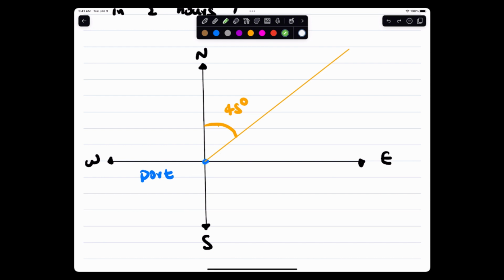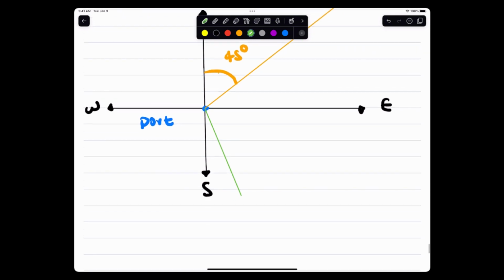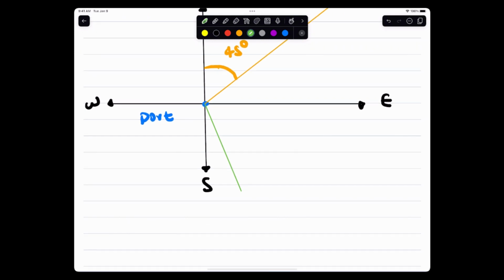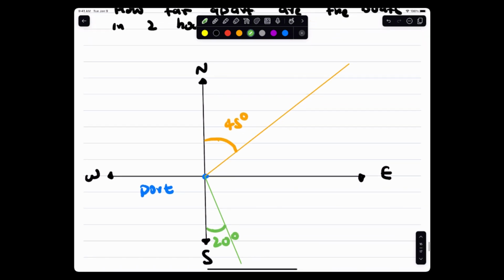So, ladies and gentlemen, southeast. What was the angle? What was it? 20. So 20 degrees is kind of a much smaller angle. Is that right? So label that what? 20 degrees here.